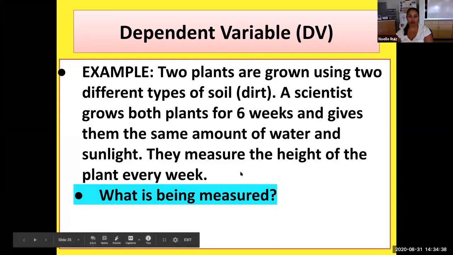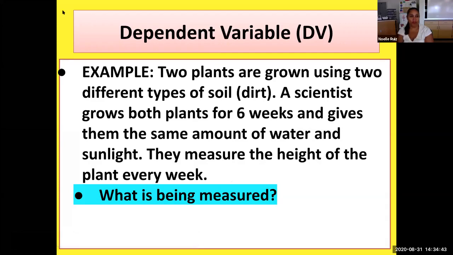And we are going to do a poll to see if you guys can pick it out. So from this experiment, what is being measured? Different types of soil, the water and the sunlight, or the height of the plant. There's 3 different factors. We're starting off with the dependent variable.